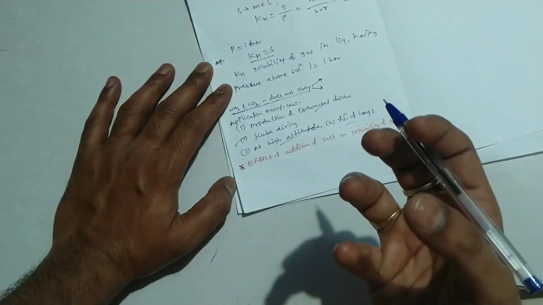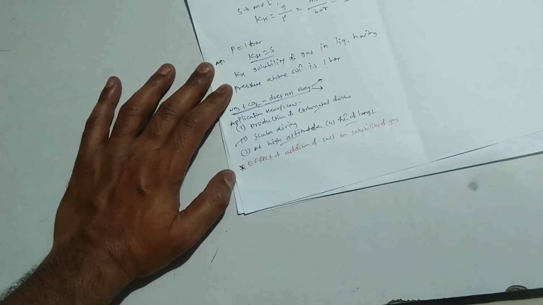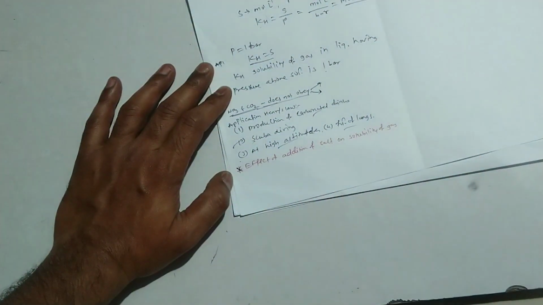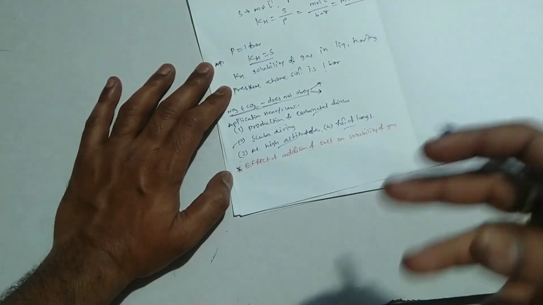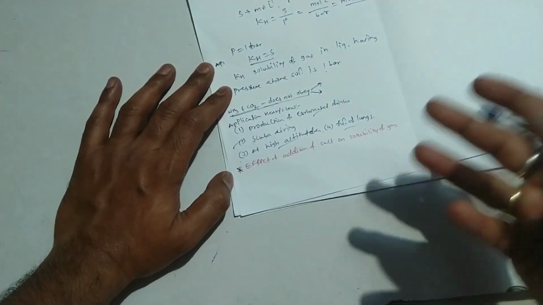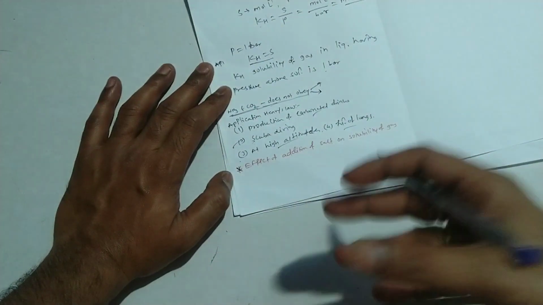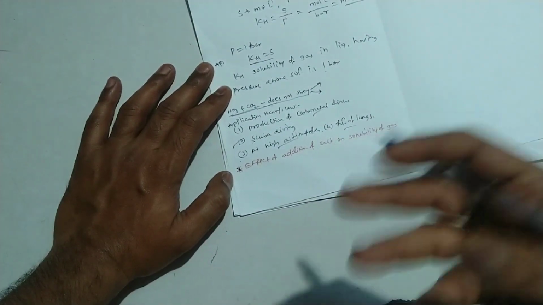Even the effect of addition of salt on the solubility of a gas. You have observed that when we add salt into soda, bubbles come from that, effervescence comes from that particular solution, and that effervescence is nothing but the evolving of CO2.